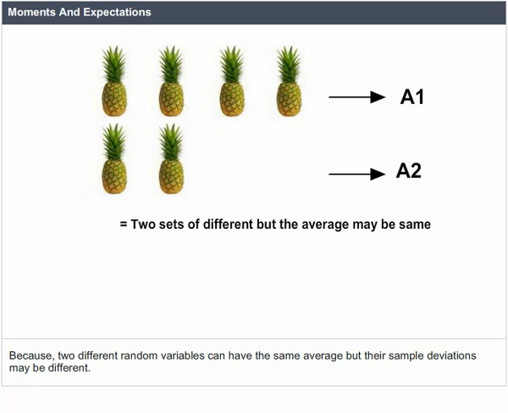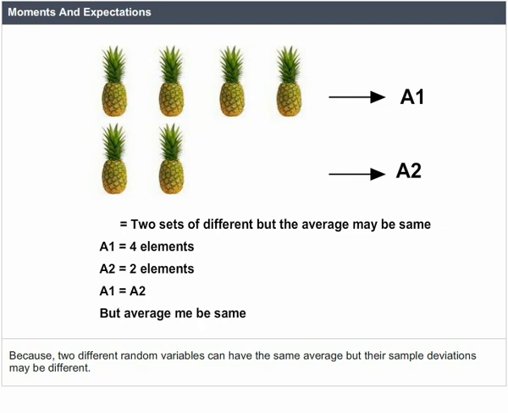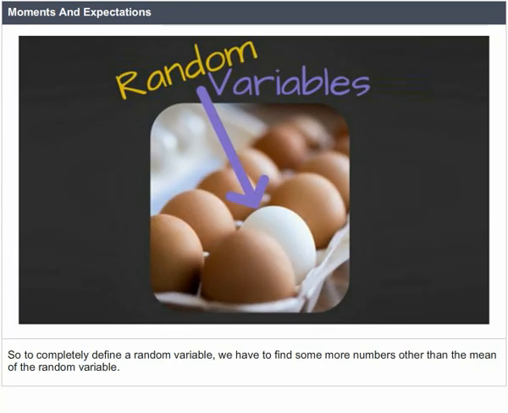A1 has 4 elements, A2 has 2 elements. A1 is not equal to A2 but the average may be the same. So to completely define a random variable, we have to find some more numbers other than the mean of the random variable. Chebyshev inequality is another powerful tool that we can use.